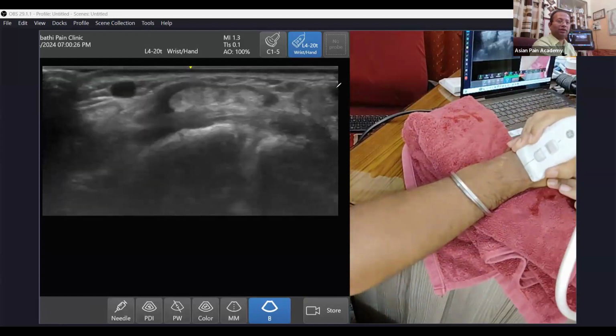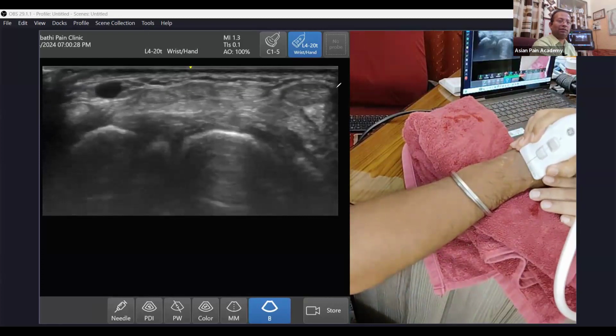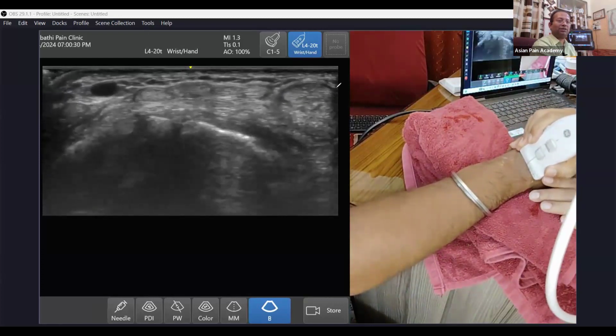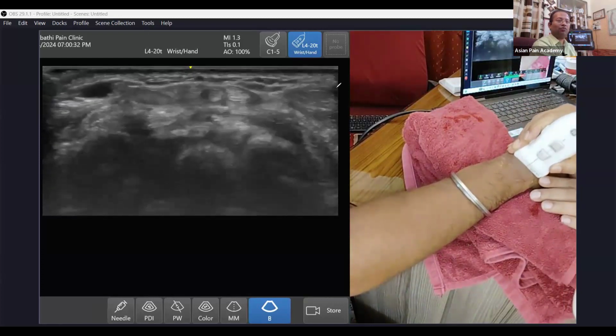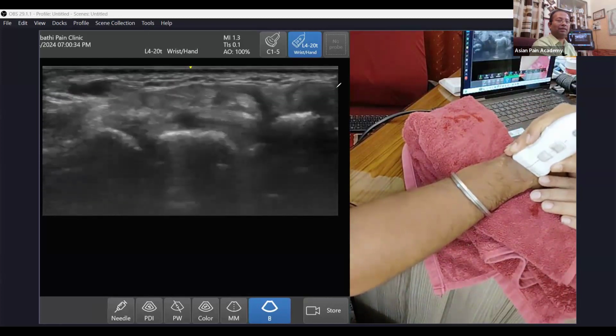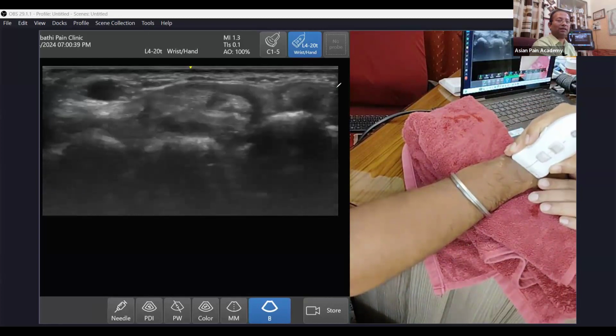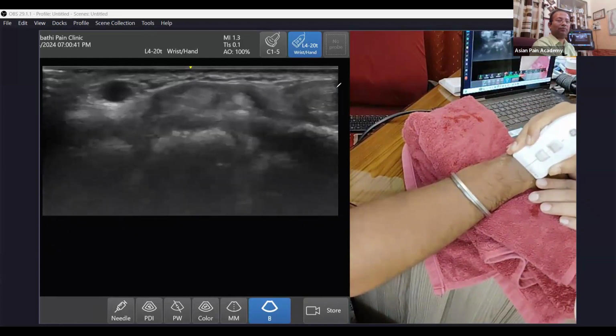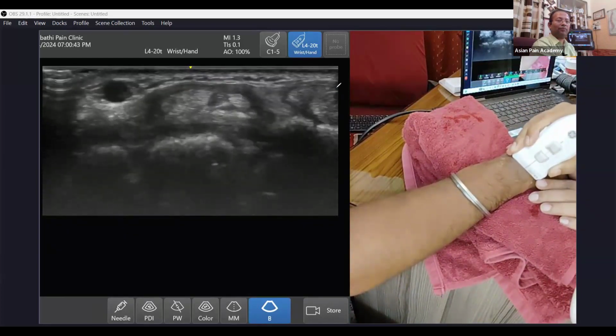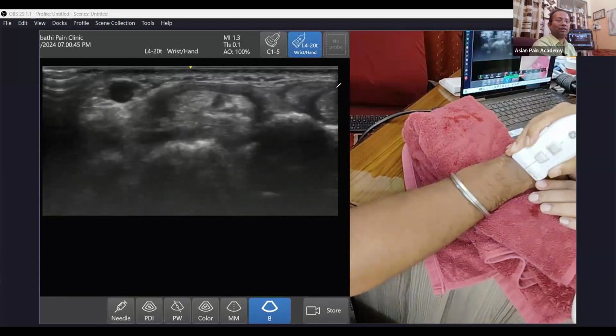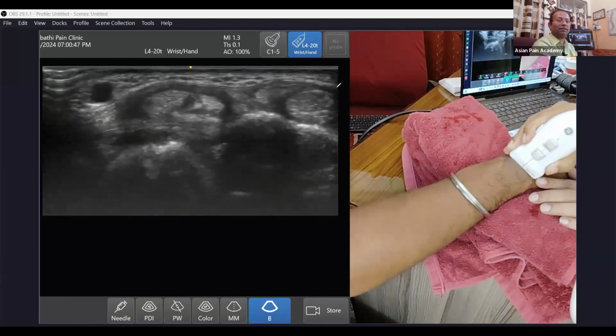So how to find it? First, we will see all the sleeves of extensor digitorum. Then I am moving one side towards the radius. Okay. So just above that you can find the extensor retinaculum. So this area is extensor retinaculum.